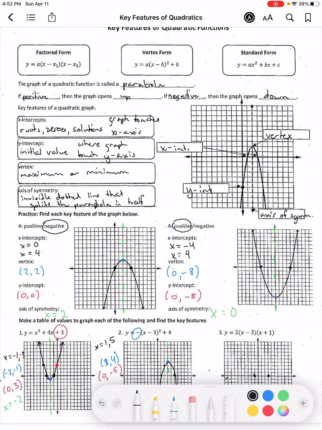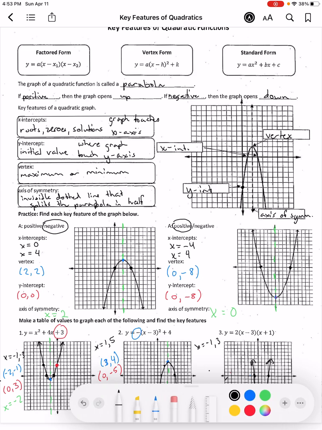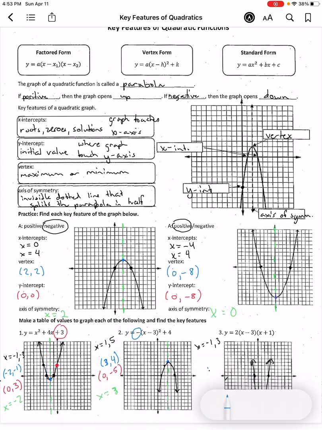Then again, I would take my pencil and I would draw my graph. I have a point right there. Then again, we'd find those key features. So again, x equals -1 and x equals 3, the opposites of what we see in our factored form. Our vertex is at (1, -8).